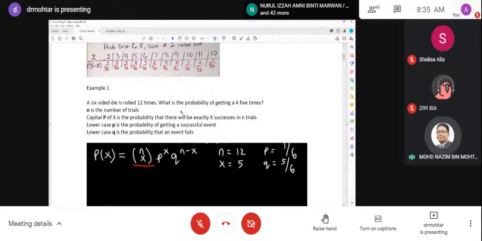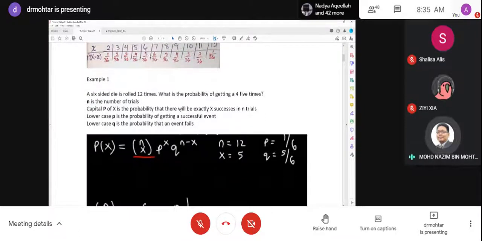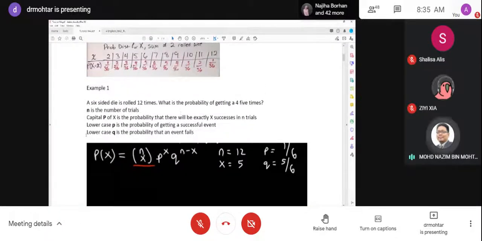So let's look at example one for binomial distributions, right? A six-sided die is rolled 12 times. What is the probability of getting a 4, 5 times, right? So the number of trials is fixed.